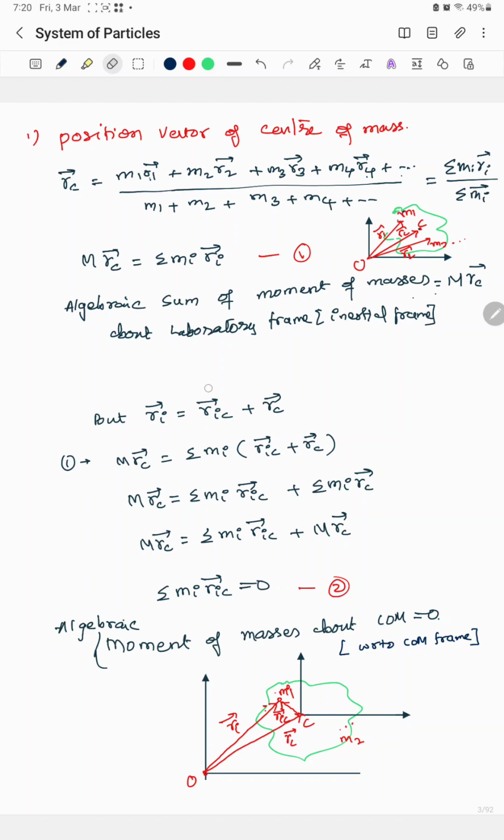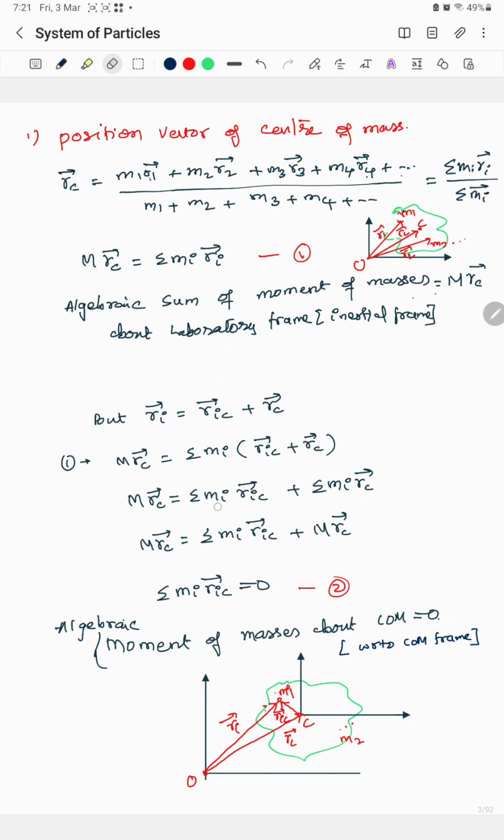And here the ith particle position vector with respect to the center of mass frame, meaning the reference frame which is fixed at the center of mass, that is the center of mass frame. So Ri bar is equal to Ric bar plus Rc bar. And now I am substituting in equation number 1, M Rc bar is equal to summation mi, next Ri is replaced with this Ric bar plus Rc bar.